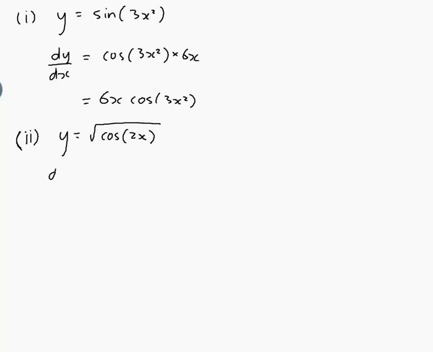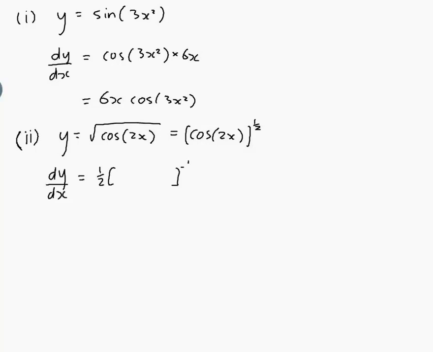So dy on dx is equal to, maybe I'll just rewrite that square root as a power of a half first. That's better.